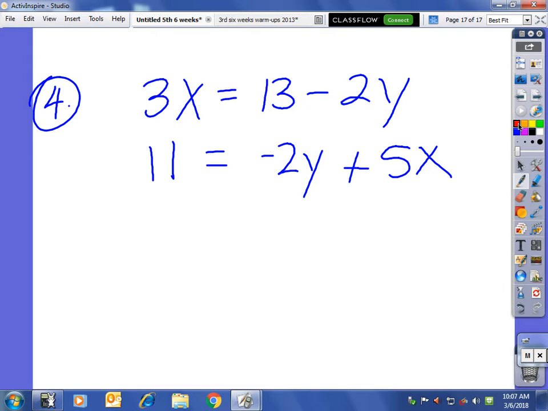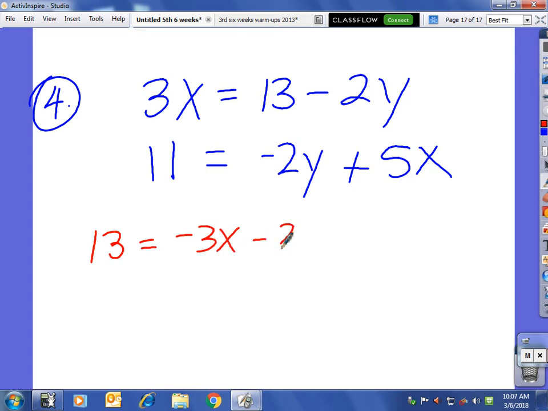What did you move? Okay, so you had 13 equals negative 3x minus 2y. Okay, then what did you do? Oh, then the other one you could write 11 equals and just switch these around. 5x minus 2y. You got to line up your x's and y's. You have to have your x's and y's underneath each other.